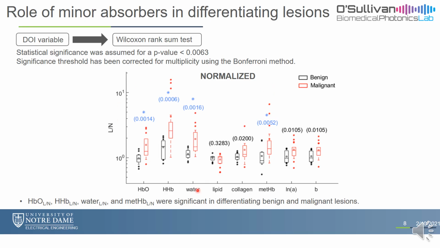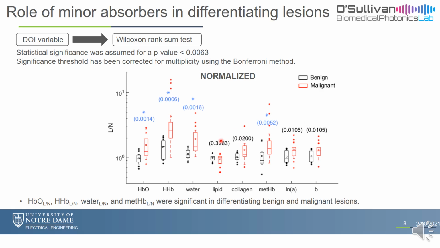And on this slide, you're looking at a box plot of all the normalized variables included in the study. A box plot shows the distribution of each of these variables between the two lesion categories, the benign and the malignant category. The p-value of each of those variables is listed above.